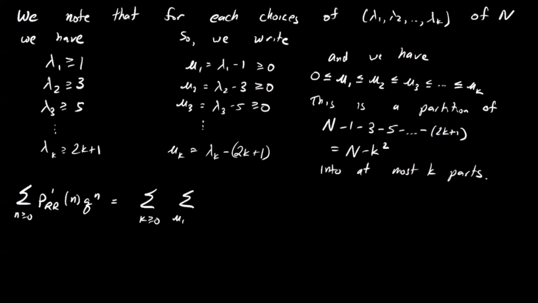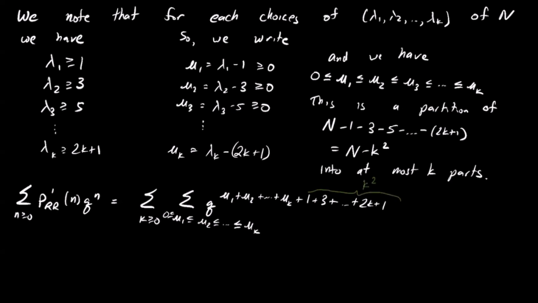So I'll say mu1 is bigger than or equal to 0, is less than or equal to mu2, is less than or equal to dot, dot, dot, mu k. And this is now q to the mu1 plus mu2 plus dot, dot, dot, plus mu k plus 1 plus 3 plus dot, dot, dot, plus (2k minus 1). And the thing that we might notice here is that these numbers add up to k squared.